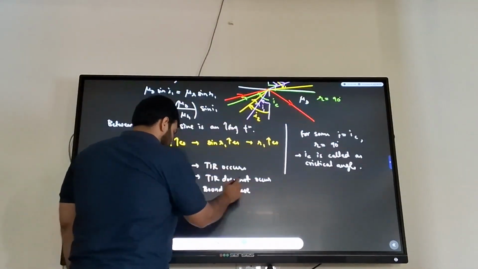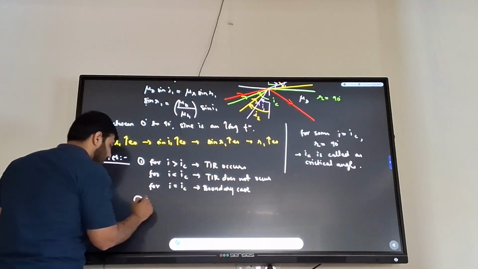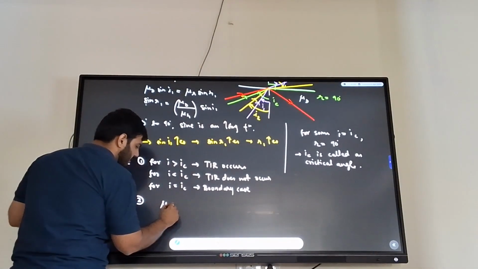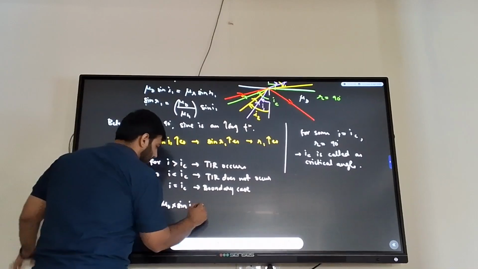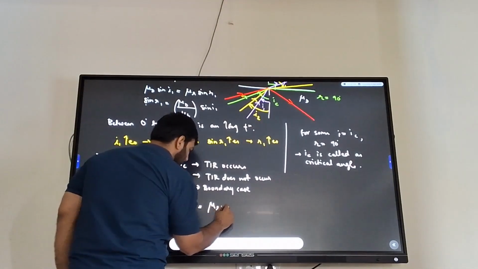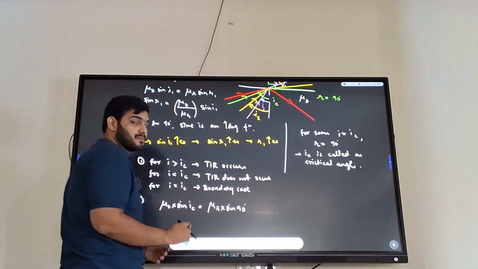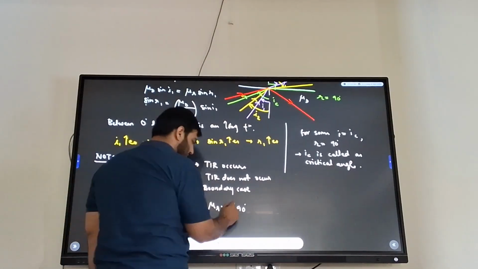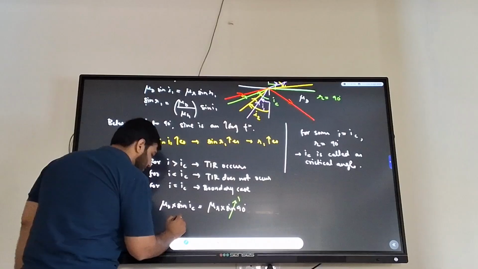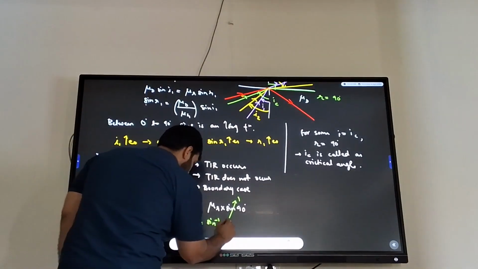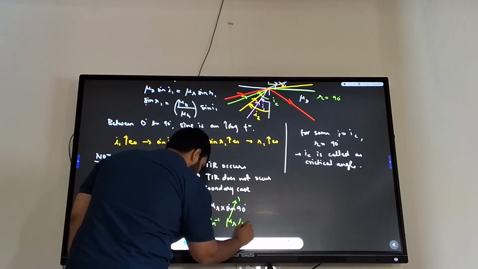Then if I apply Snell's law, what will I get? mu D into sine IC is equal to mu R into sine 90 degree. What is sine of 90 now? Don't say 0. Plus 1. Then what will you find IC as? IC is equal to sine inverse of mu R over mu D.